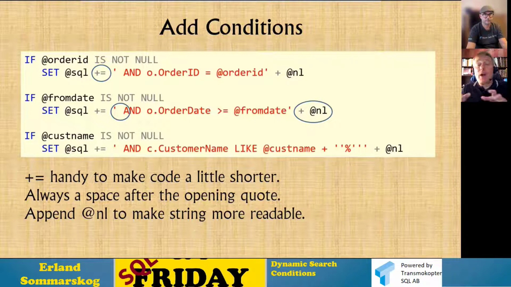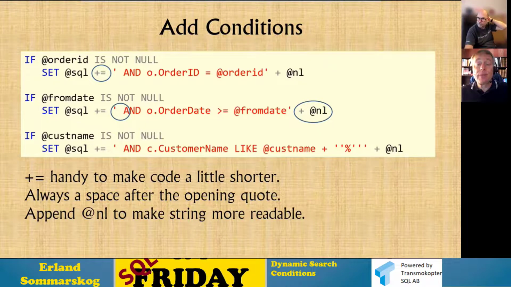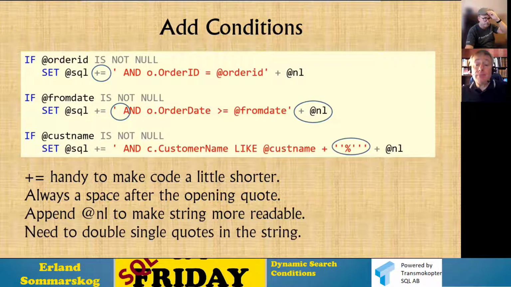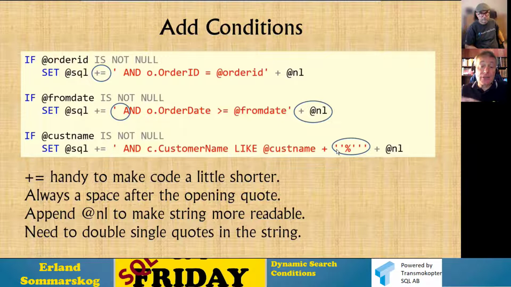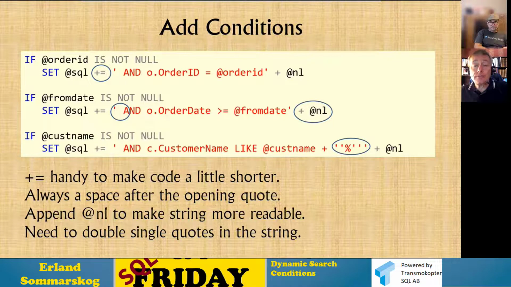That's why I want them to have a new line, so it's easy to read, and if there is an error I can tell on which line it is. And finally here, since I need to include the string, I need to double the single quote inside the string literal. That's how it works in SQL.